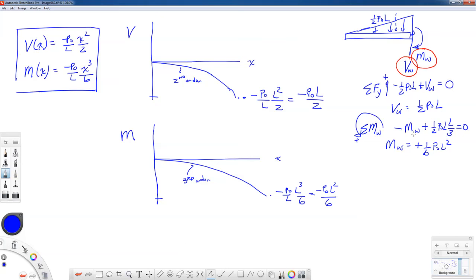Okay, something we need to talk about with these external reactions. And let me label these. The external reactions are not necessarily the value of the internal shearing force and bending moment.